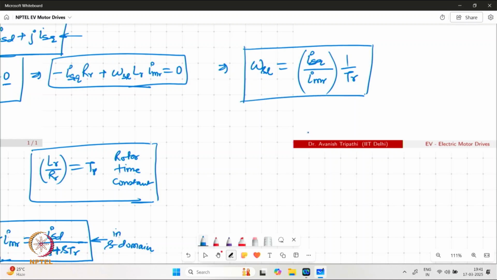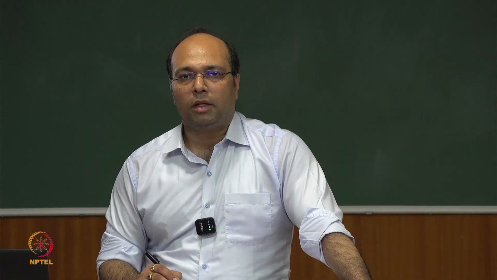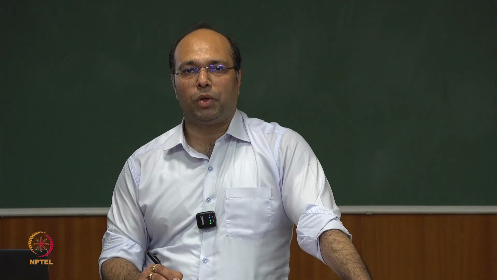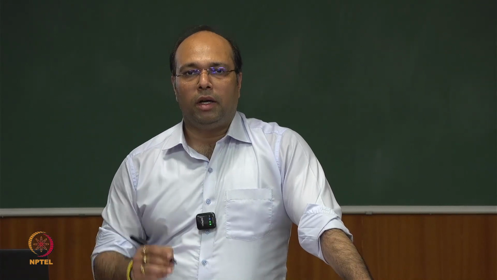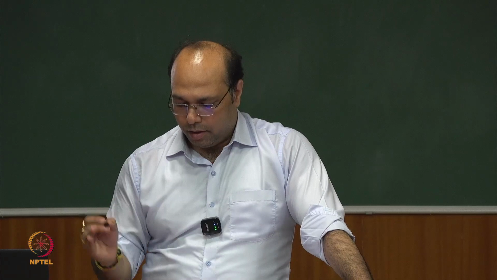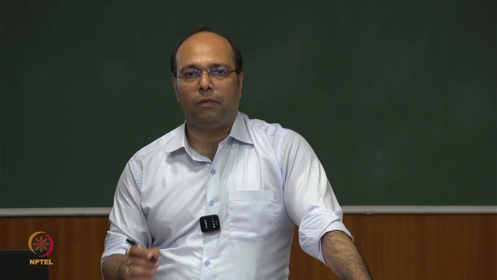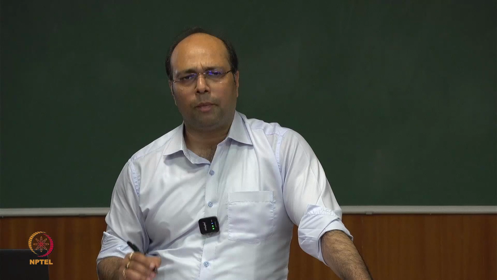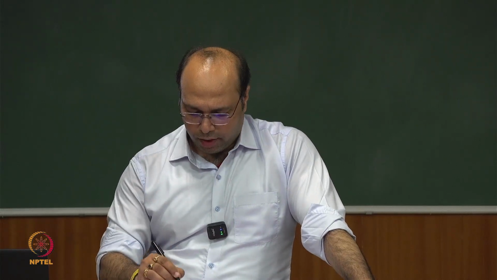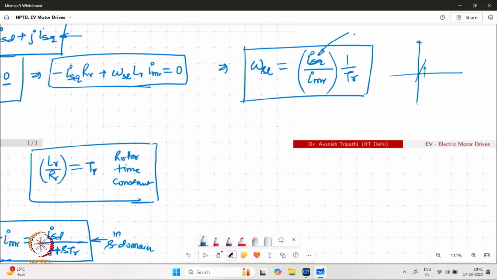Now this is a very interesting equation because slip speed, as we understand from the torque slip characteristic, appears only when there is loading in the machine. If there is no load on the machine, the speed of the induction machine is going to be very close to the synchronous speed. As we start to load the induction machine, we will find a deviation from the synchronous speed and we will find a lower speed taken up by the induction machine, and that is what is indicated by this component ISQ.